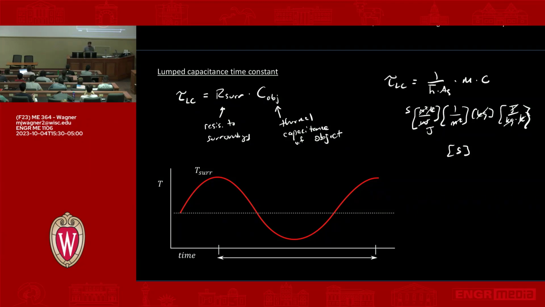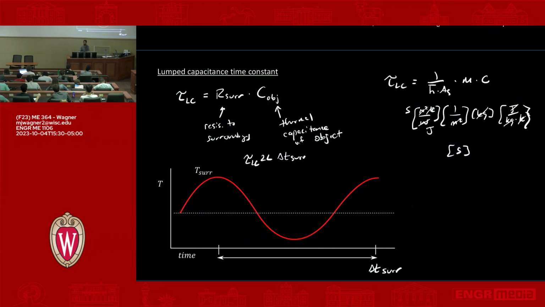The first one would be a case where tau LC is much less than this daily variation time period. Let's call this delta T surroundings. So tau LC is much less than delta T surroundings. That's saying the amount of time it takes to react is much less than the time period.